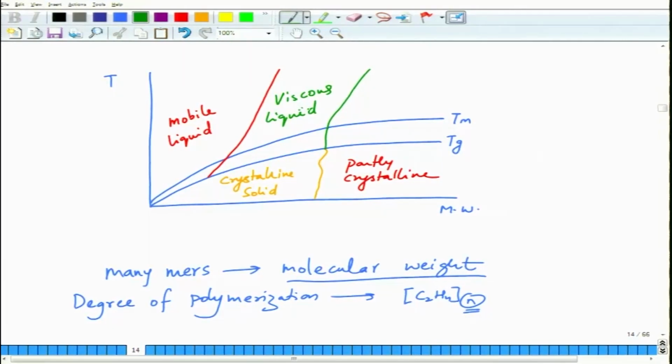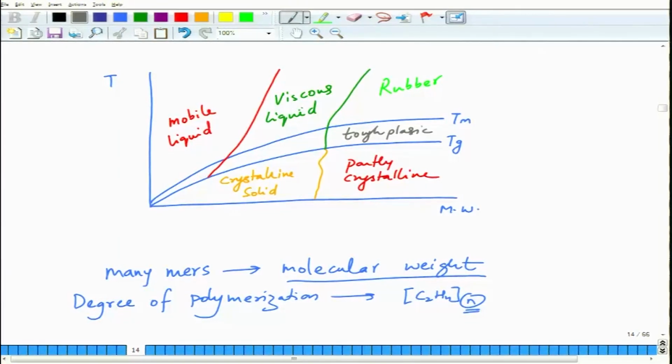As a result, the viscosity of the liquid goes up, even in the melt form, and then at very high molecular weight, it tends to become a rubber shaped material, and then in between somewhere it acts like a tough plastic. Okay. So, these are typically the regimes of polymers as a function of molecular weight with respect to temperature.